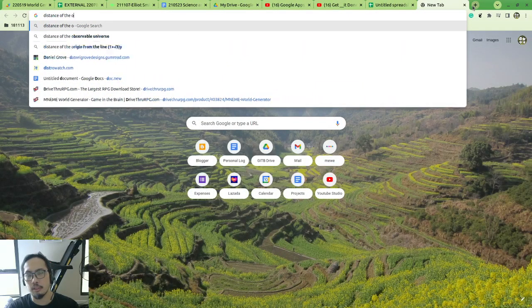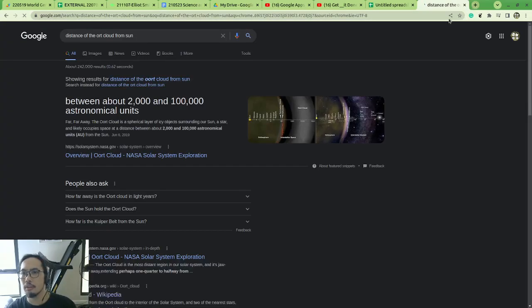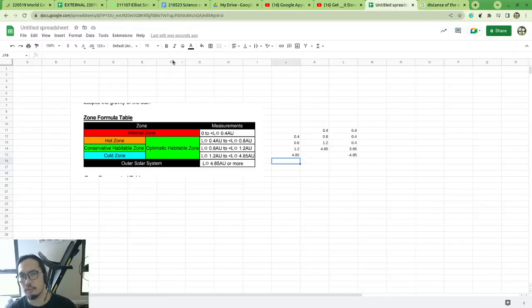Distance of the Oort cloud from the sun. 100,000. That's it. Oh, sorry. Yeah, divide by 6.